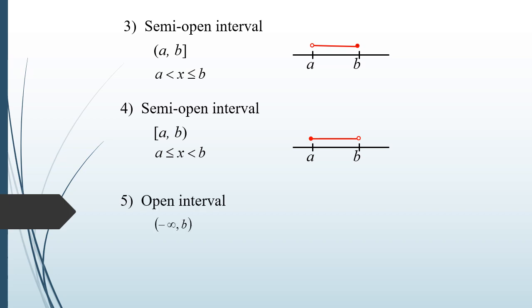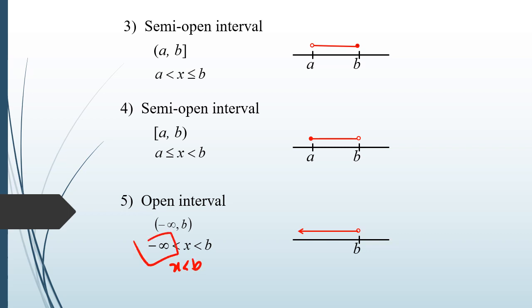So open interval, so it can be from negative infinity. So we can represent it in the interval form from negative infinity to B, both open, and then we have this inequality, or x also can be written as x less than B only. Okay, so the value here is x less than B. So we don't have to write down this.